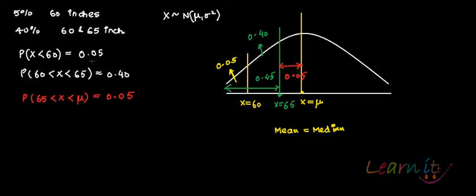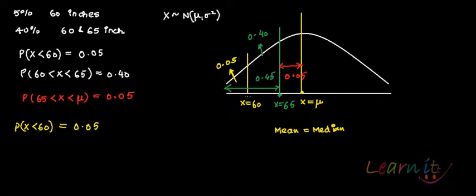Other thing which you also have to understand is that whether you write P(x less than 60) as 5%, 0.05, then what does it mean?